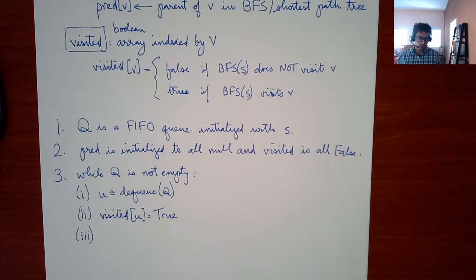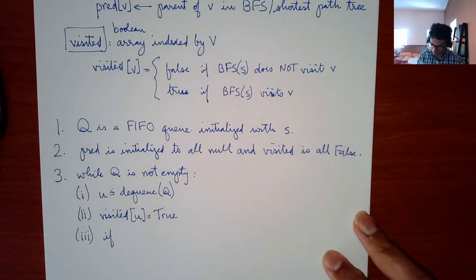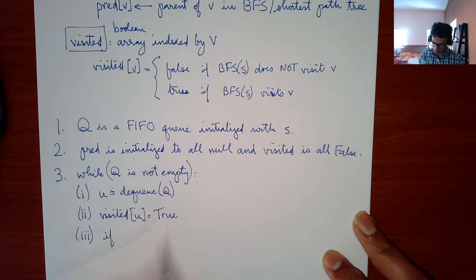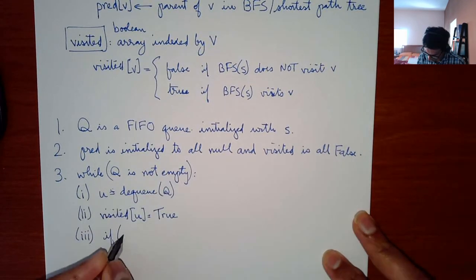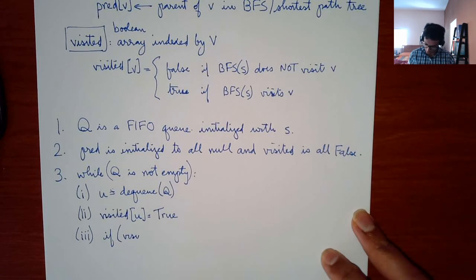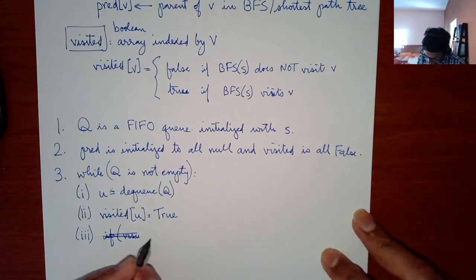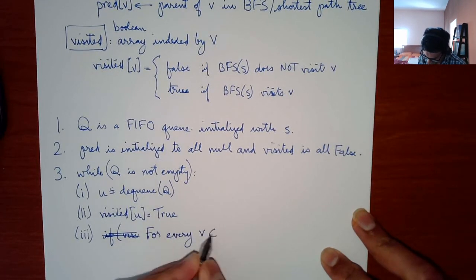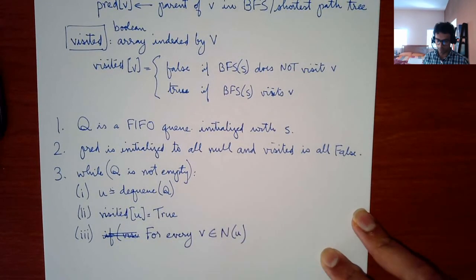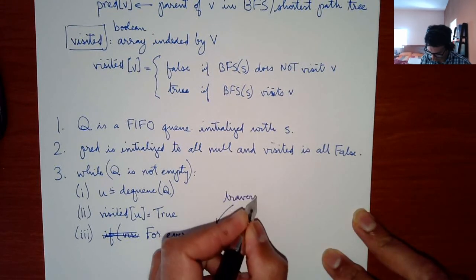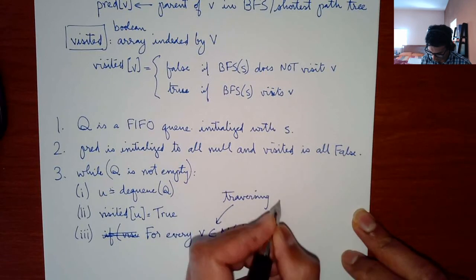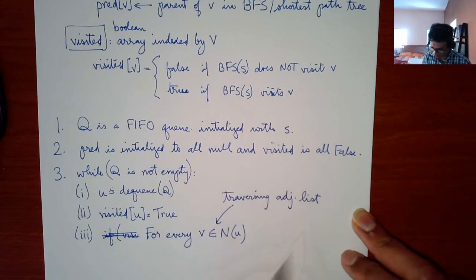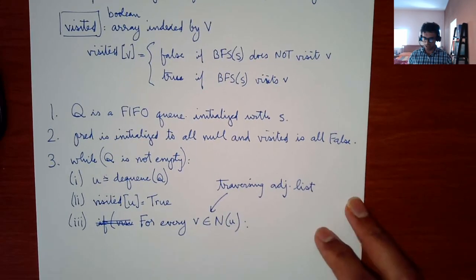And then we have our crucial loop. While Q is not empty, for every vertex V in the neighborhood of U, and this is traversing the adjacency list, it's going to loop through the adjacency list.